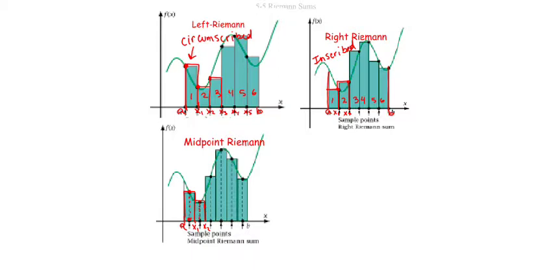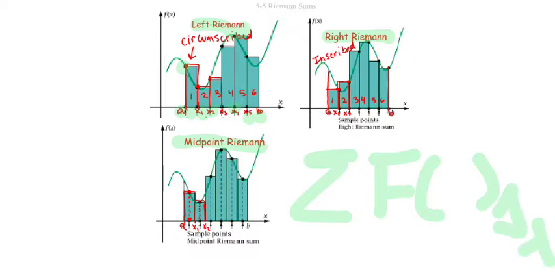So I'm going to reiterate what I mentioned before. The Riemann sum, we have 3 types. We have a left, a right, and a midpoint Riemann sum. The left Riemann sum pretty much means that you're using the left point of the rectangle to plug into that f. So we had the summation of f of some value times delta x.